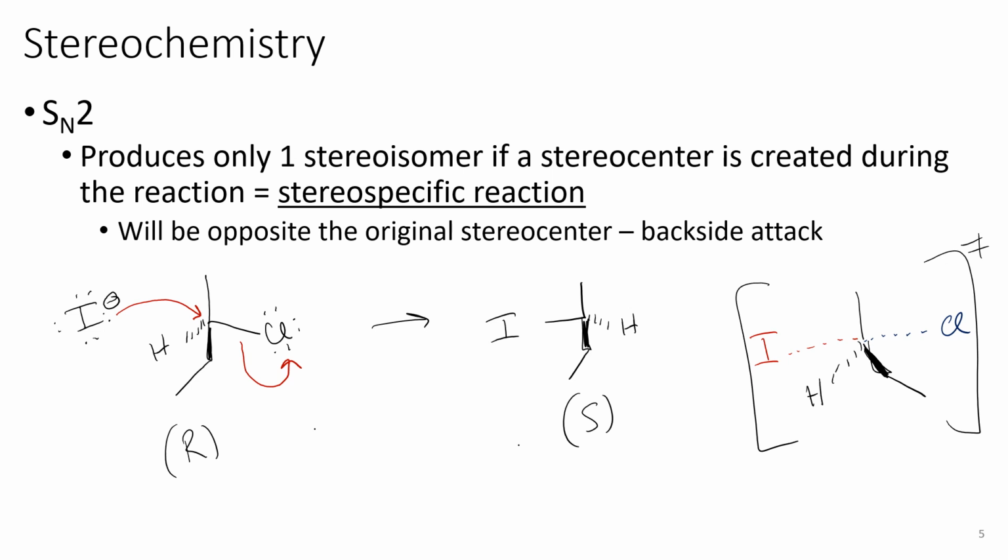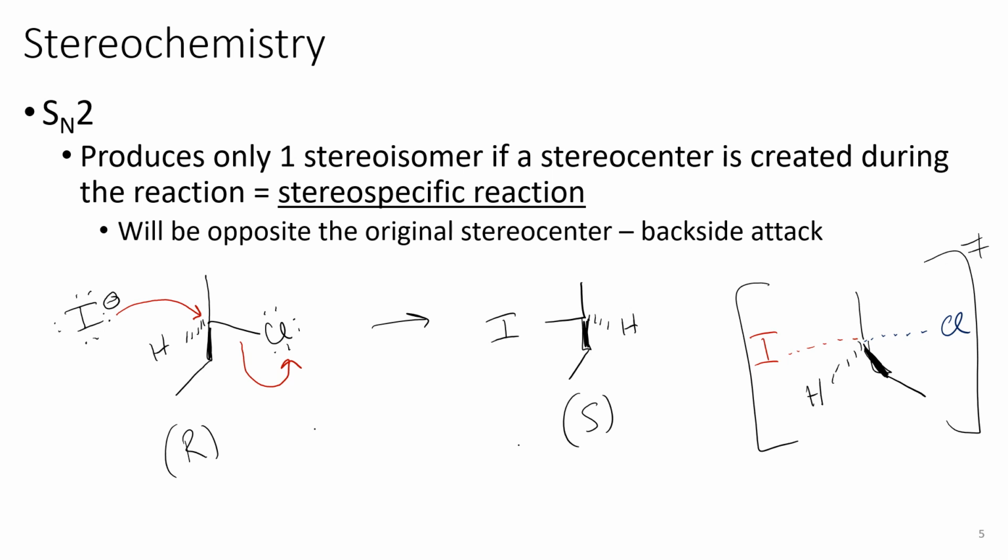Since we have to form and break all at the same time in that transition state, we can't have both the iodine and the chlorine on the same side. There would be too much steric bulk there. They would interfere with each other too much. So one has to come in on one side of the molecule, and one is going to leave from the other side of the molecule.